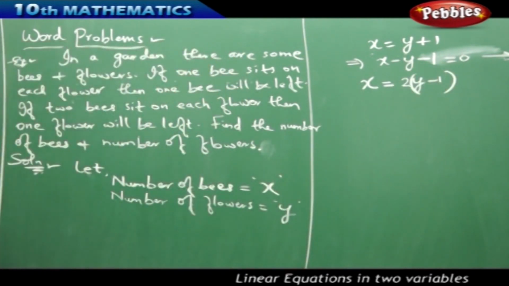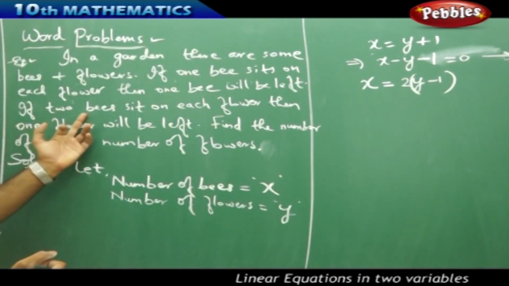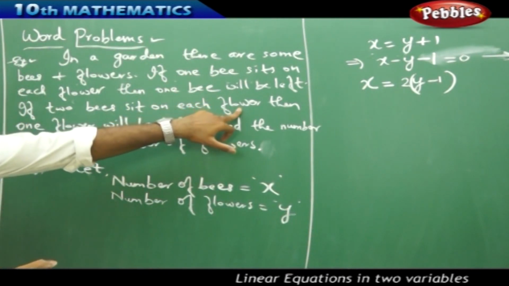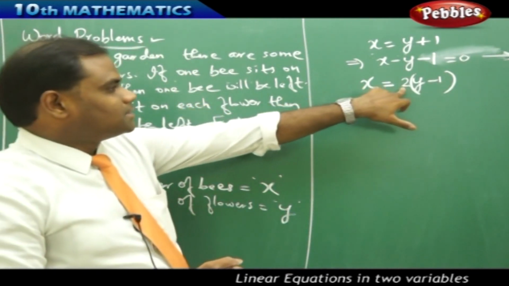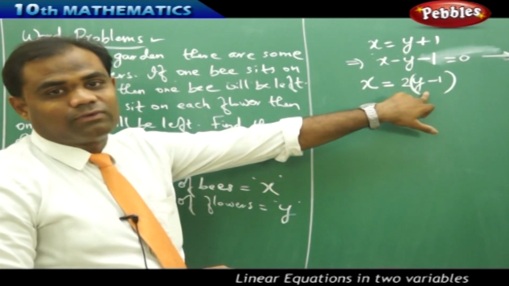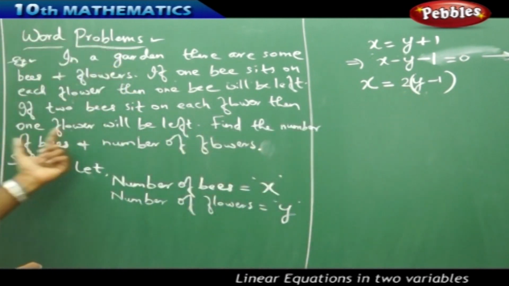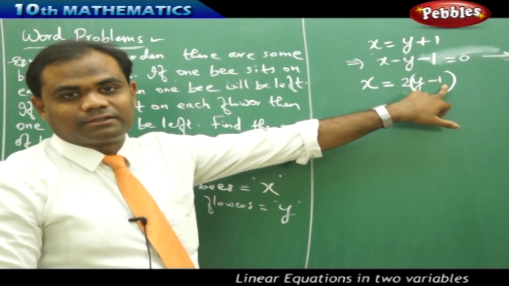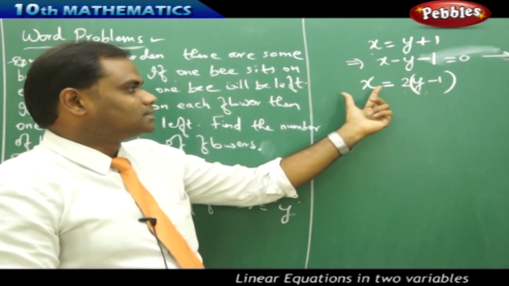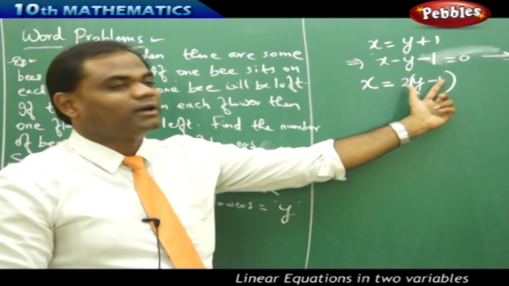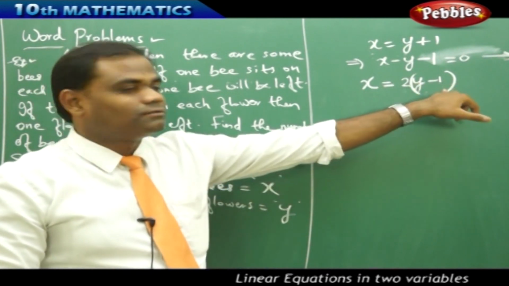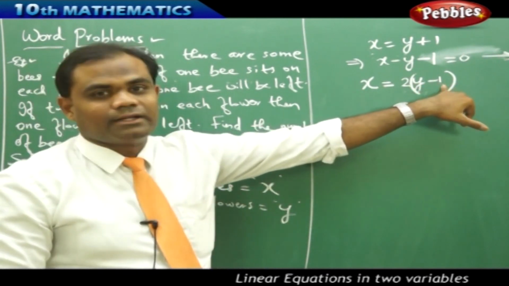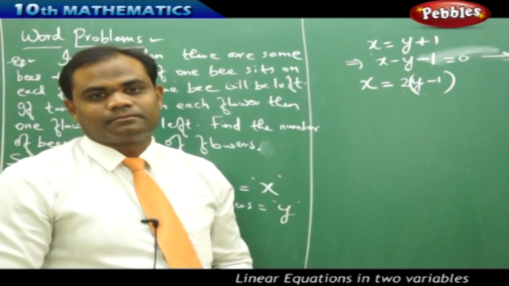Because if I observe this statement very carefully, if 2 bees are sitting on each flower, it implies each flower has 2 bees, so 2 times y, but I have 1 flower which is left. That means I have that subtracted. The number of bees is 2 times y minus 1, with one of the flowers left over, which is subtracted as 1 from this.